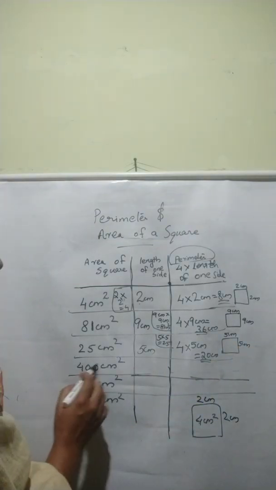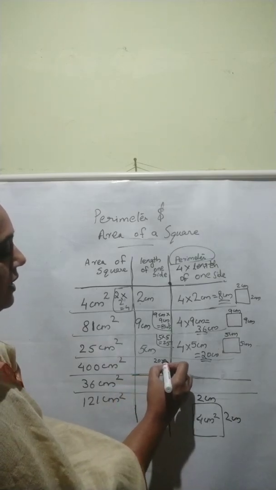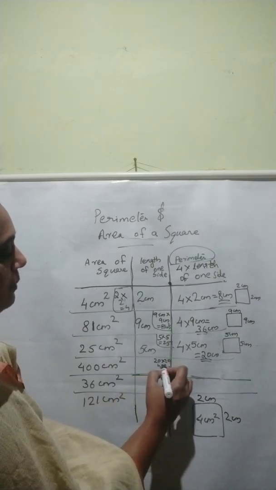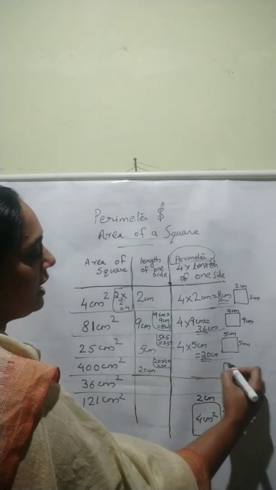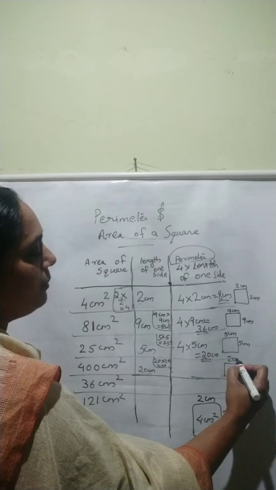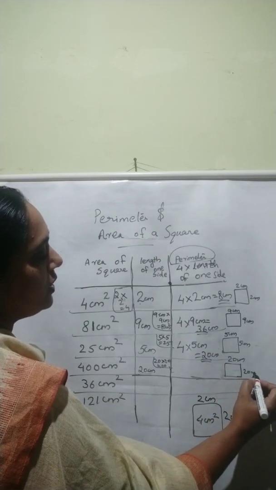Now the 400. 20 multiplied by 20 is equal to 400. So one side will be 20 centimeter. That means the length of one side of this square will be 20 centimeter. Here also 20 will be there.